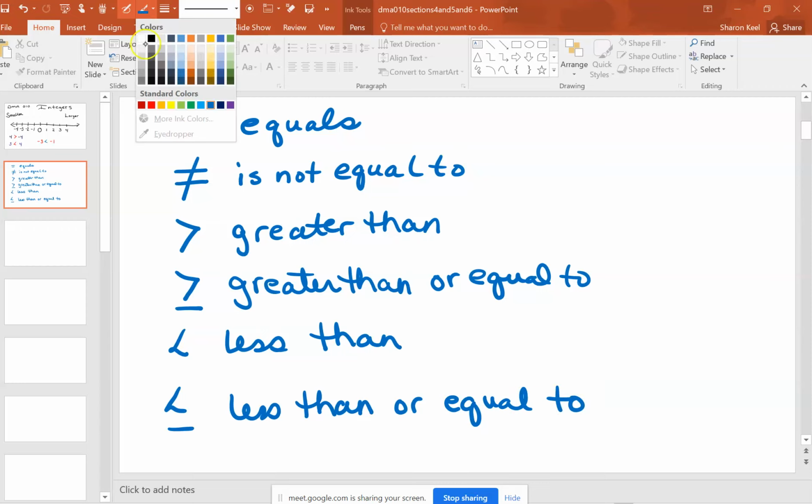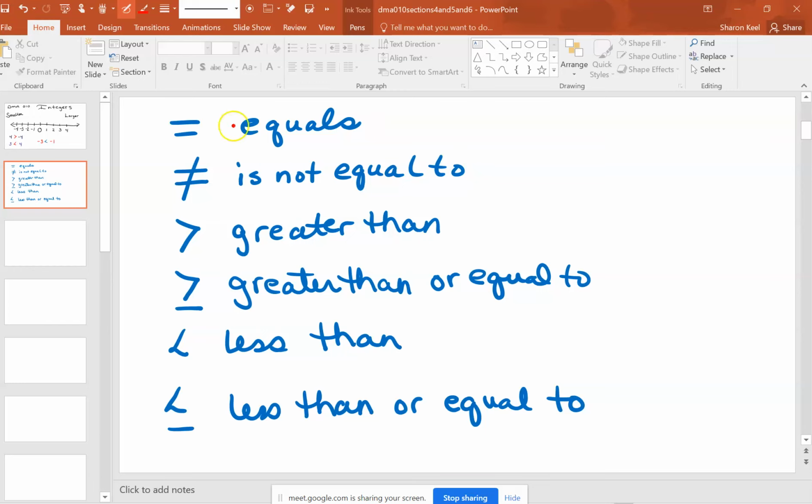Another thing I want to put on this page in our notes is that if you are graphing something, you are either going to use an open circle or a solid circle. So if we are doing something that is equal to something, that would be noted with a solid dot. Is not equal to, there's no dot we would use for that.